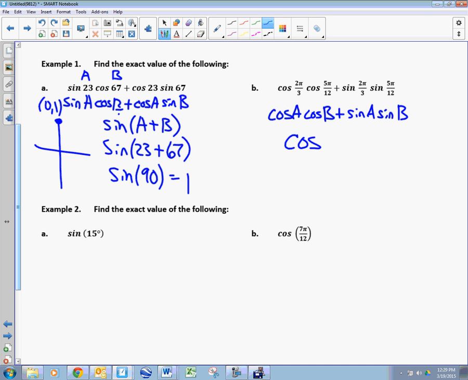This is a cosine. Cosine of A minus B, where A is 2 pi over 3 and B is 5 pi over 12. So this becomes the cosine of 2 pi over 3 minus 5 pi over 12.